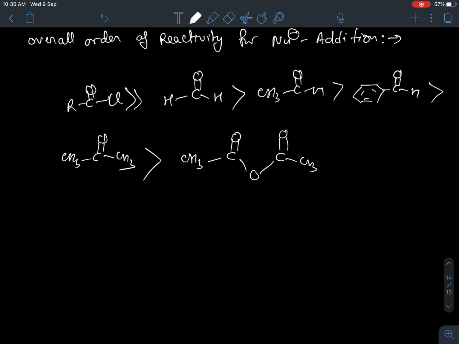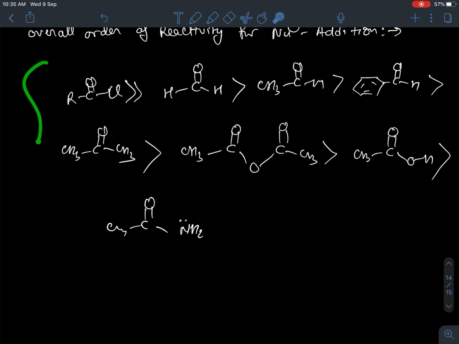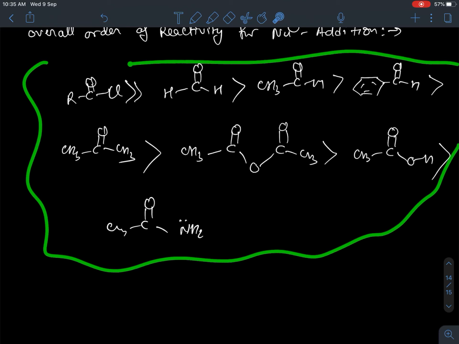Anhydride, and this is better as compared to any carboxylic acid and ester, and this is better as compared to CH3C double bond O NH2. So this is the overall reactivity order with different aldehydes and ketones.